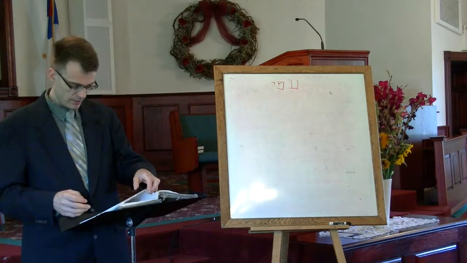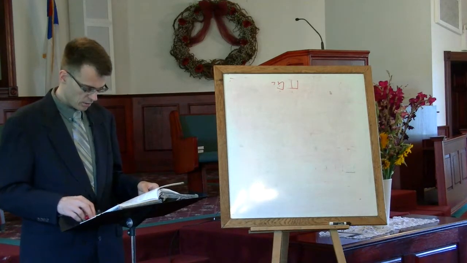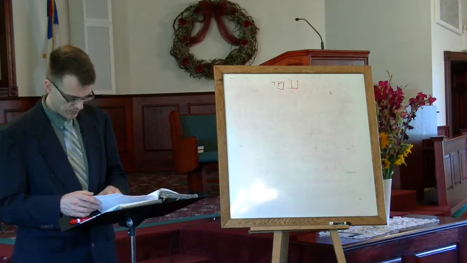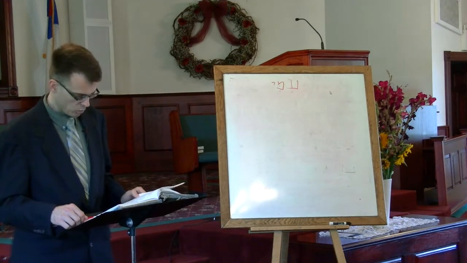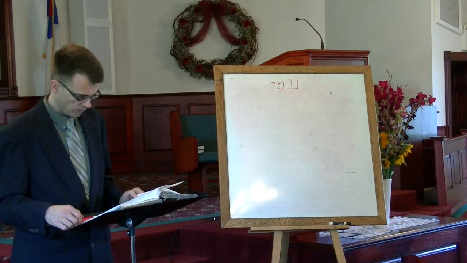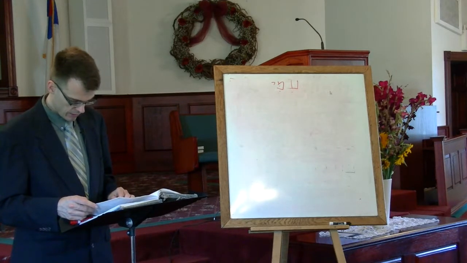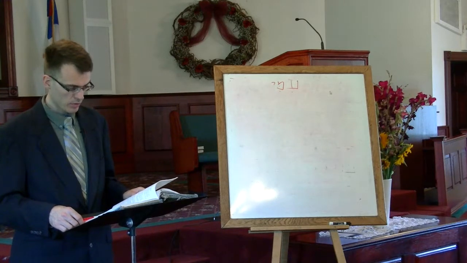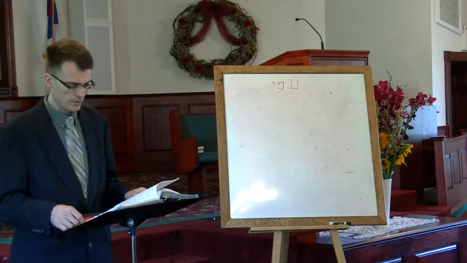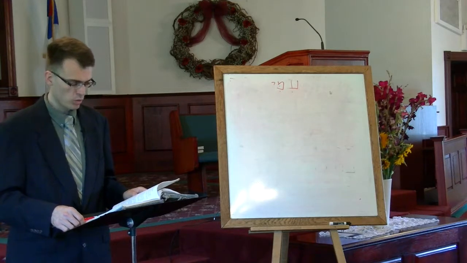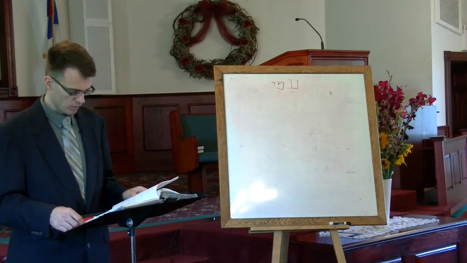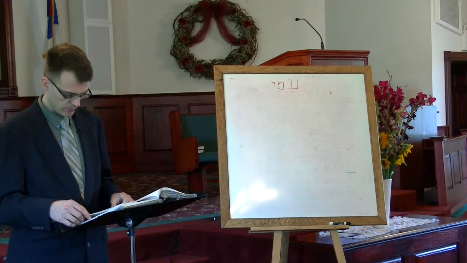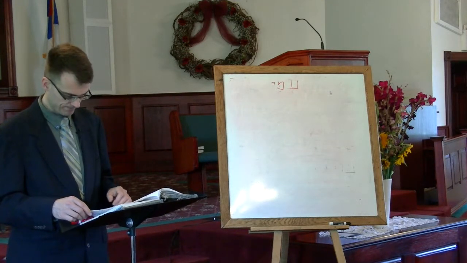But notice that with the endings, it's different for the object marker on page 31 and the word with on page 64. What do you notice that's different between eth as the object marker and eth as the word with, in terms of with me, with you, versus just the direct object, me, you, him, her?